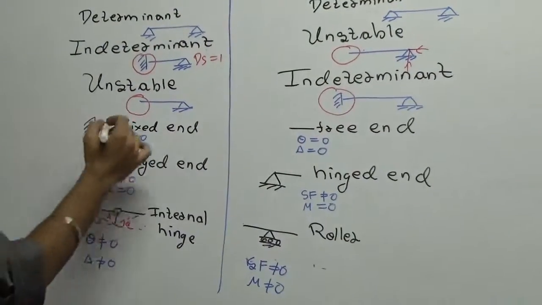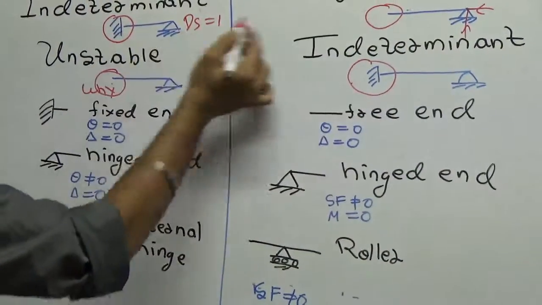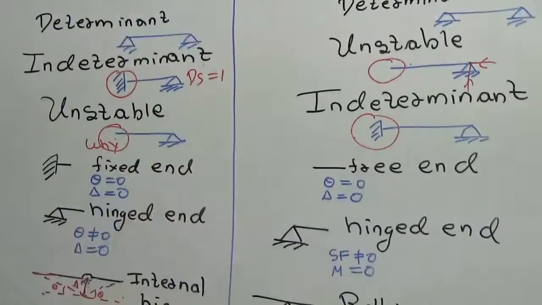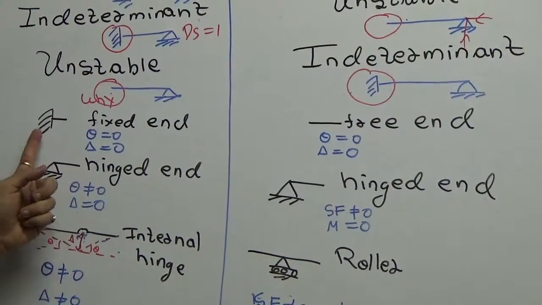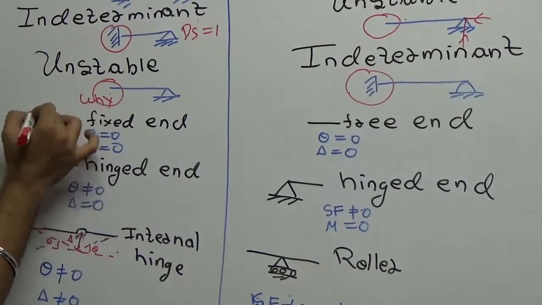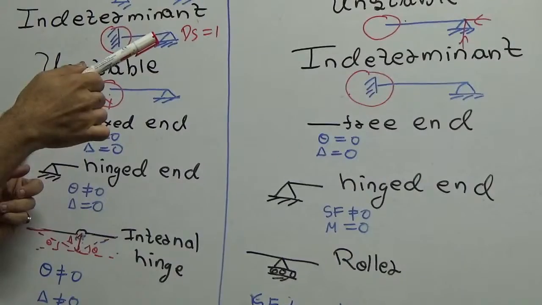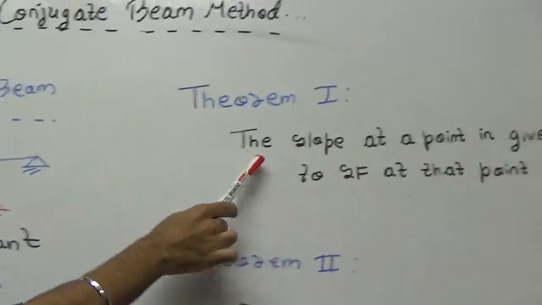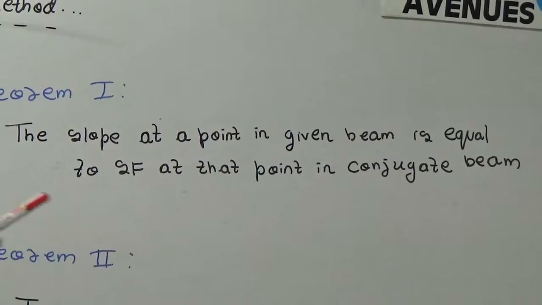Now the question arises, why have we made a free end a fixed end, a fixed end a free end, and a simply supported end a simply supported end? What happens in case of a fixed end? If you calculate at this point A, your theta will be 0. As per conjugate beam theorem 1, the slope at a point in a given beam is the shear force at that point in the conjugate beam.